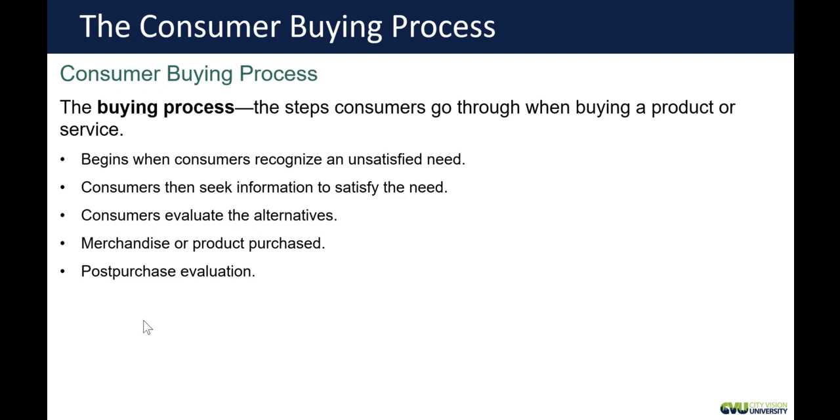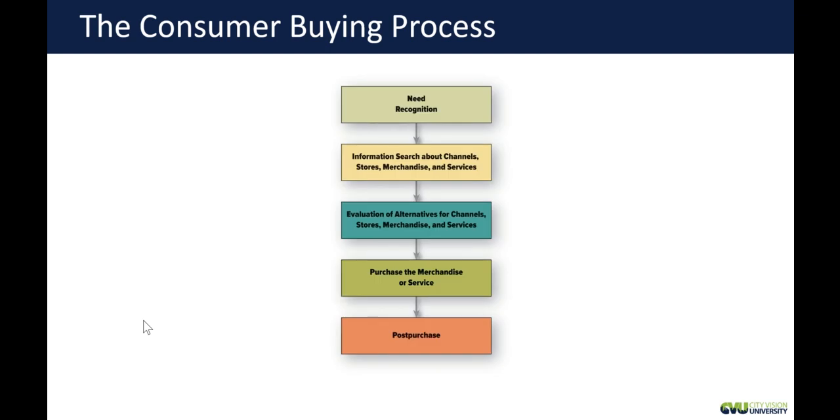This consumer buying process begins when a consumer realizes, hey, there's a need in my life that's not being satisfied. There's something that I need. Then they start to go through the process of figuring out how they can satisfy that need, and they'll evaluate some alternatives. So that process looks like this: the need recognition stage, when we realize there's something in my life that I need.